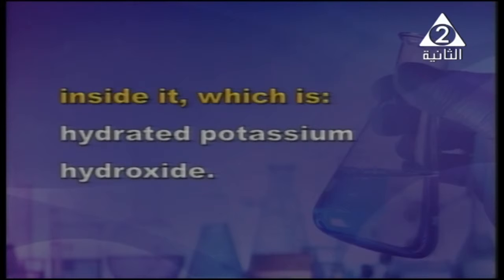It is the same electrolyte as in the mercury cell, so they are similar in the electrolyte only. Now this is another video that illustrates how this cell operates. How does this cell work?